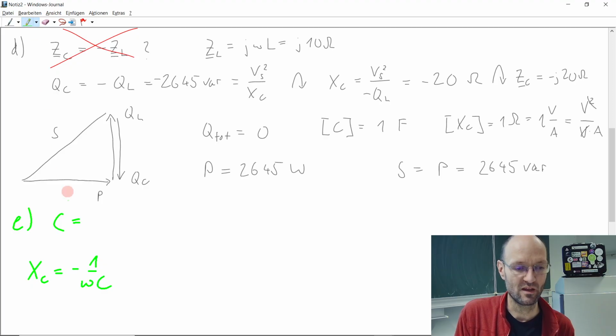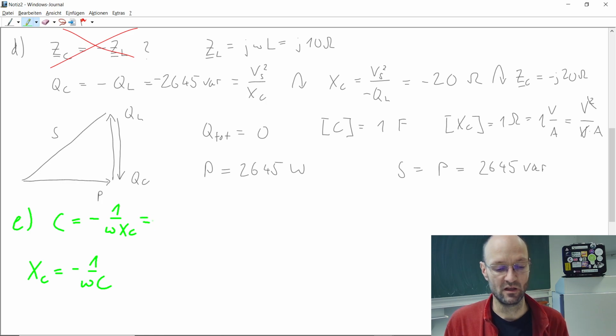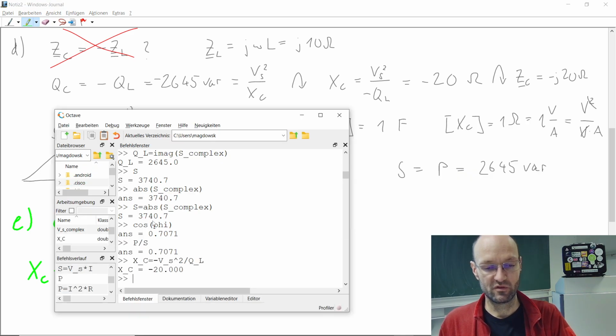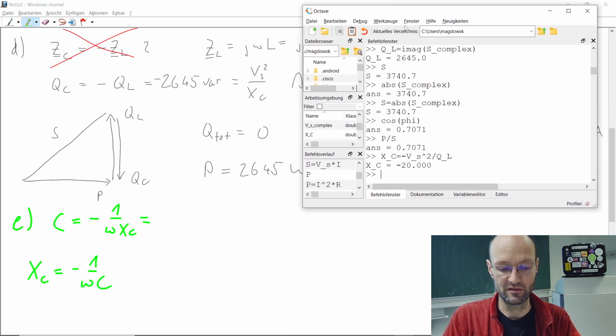Okay, then we can come back to subtask E here and say, okay, this was our reactance, this is the capacitance. So if I want to have the capacitance, I just need to do 1 over omega xc with the minus to compensate for the minus of this xc, and then I can just put this into my Octave here and say C equals minus 1 divided by omega divided by xc.